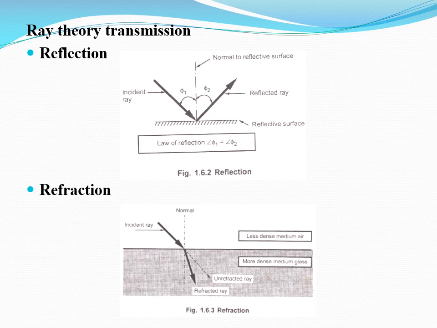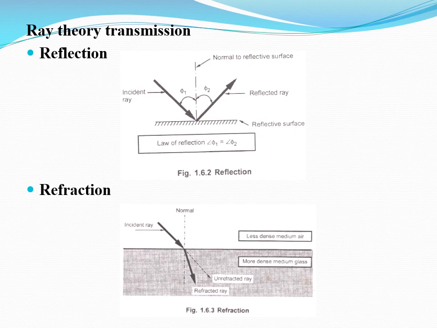We can see this in refraction also. Refraction is normally the bending of a light ray whenever it enters from one medium of a certain refractive index into another medium of a different refractive index. Here we have a less dense medium, which is air. The refractive index of air is represented as N naught, which is 1.0, and the more dense medium, glass, is something around 1.5.